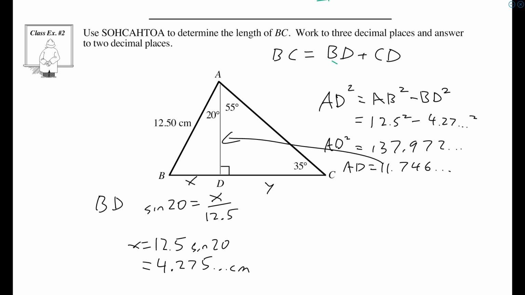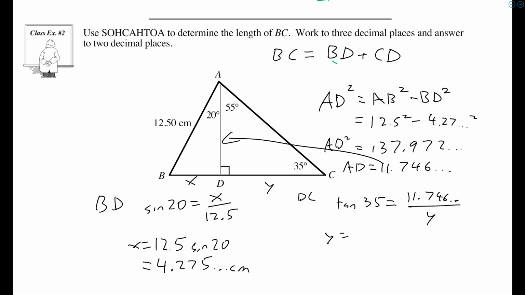So for y, for DC, I'll use tan of 35 equals opposite 11.7 over the piece I'm looking for.